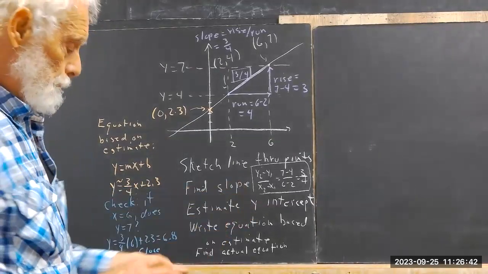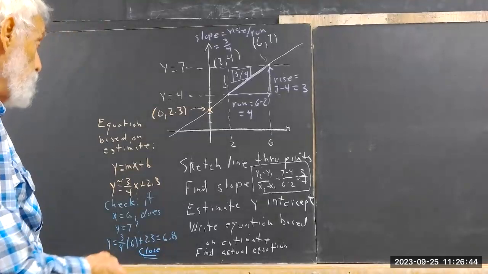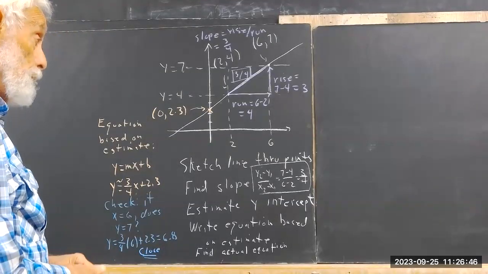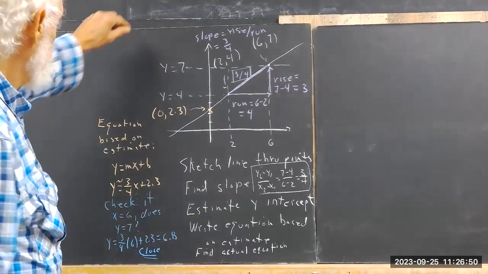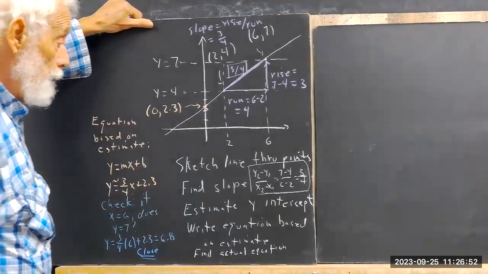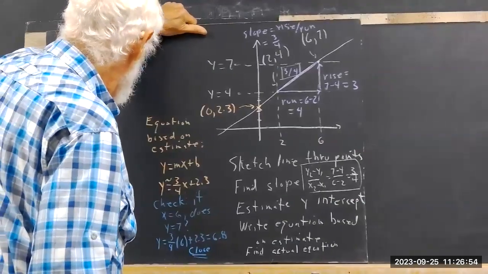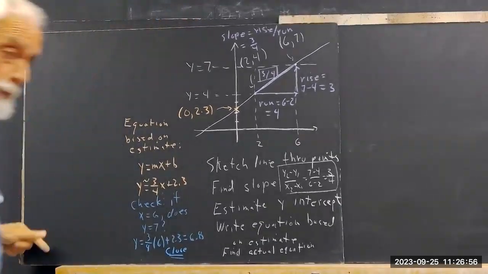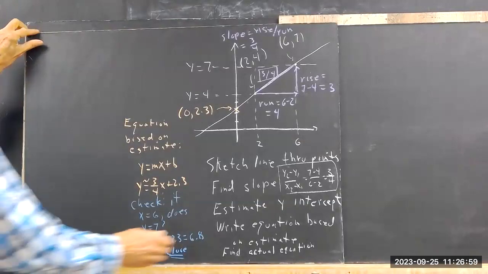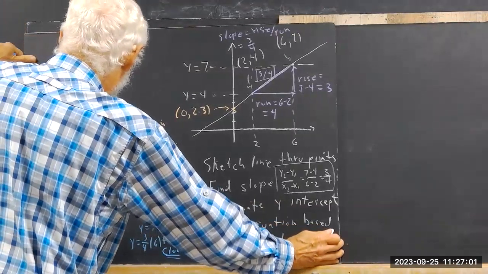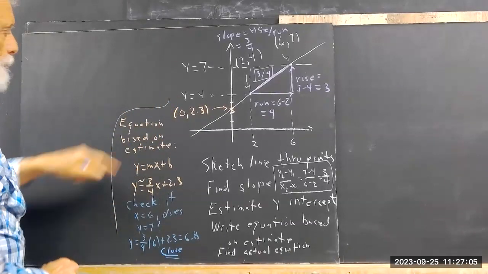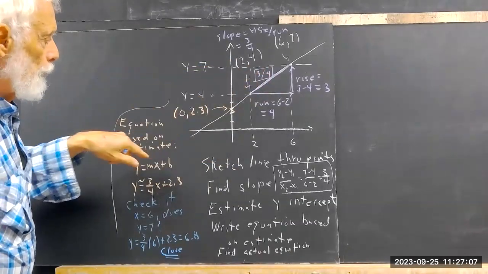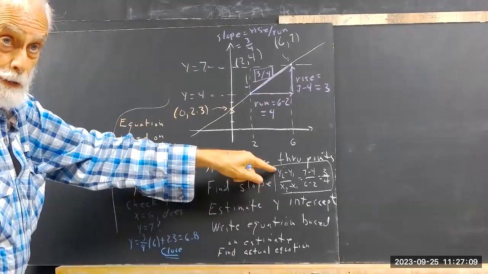Now, people in class did a pretty good job of finding the equation. So there's a process that we use to actually find this equation. And leave that there. Better camera angle. Okay, so all this is what we get from drawing the picture and making an estimate and calculating the slope.